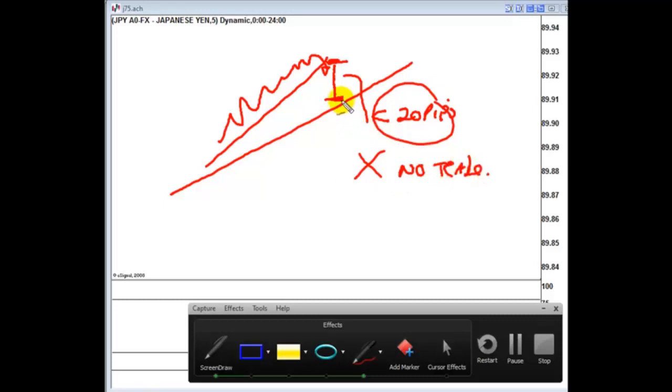And what I'll do is wait to see what happens around here, and maybe it bounces off there, comes back up again, and we get another entry later on.